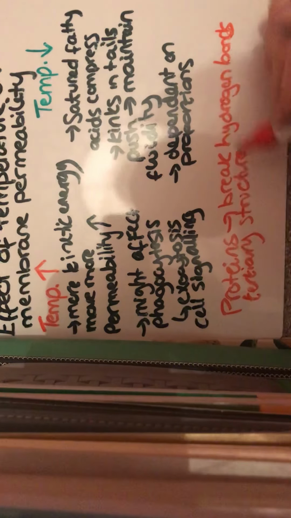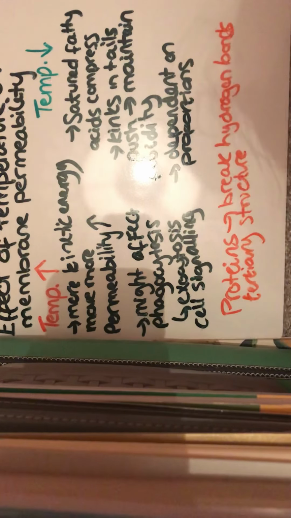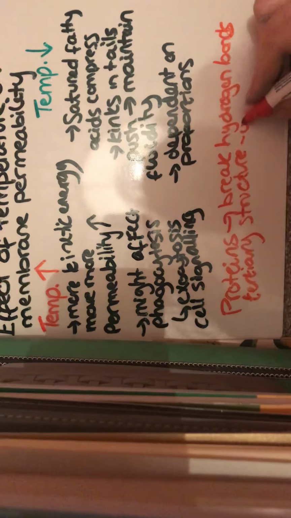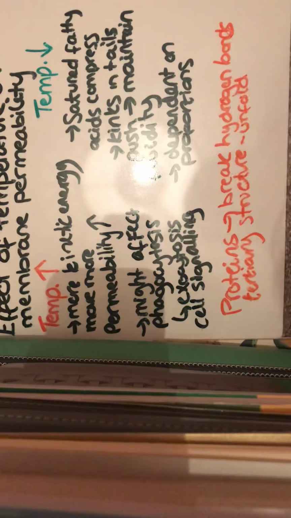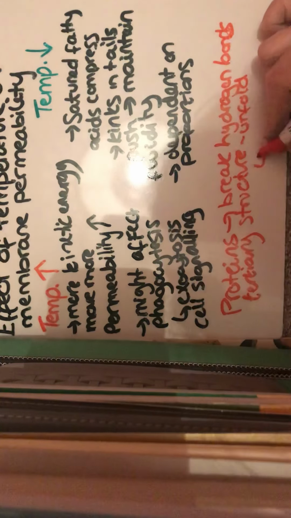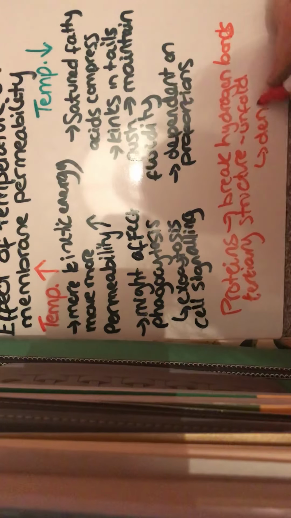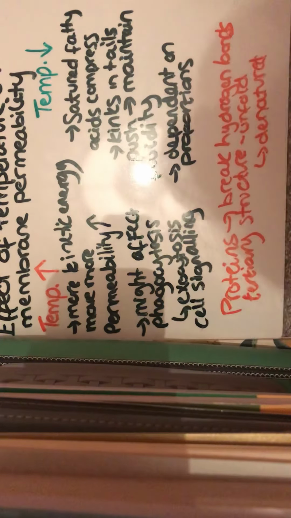And as we know from the enzymes topic, they can unfold, and if the shape of the protein changes, then the function of the protein will also change, and the protein might become denatured if it's an enzyme, for example.